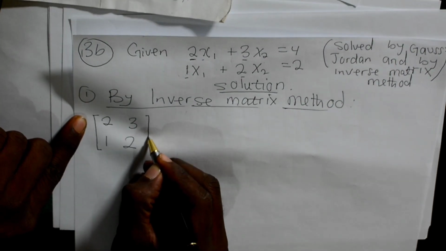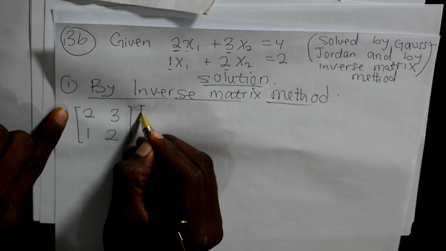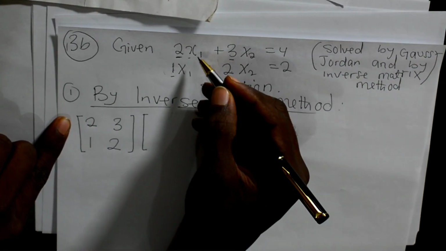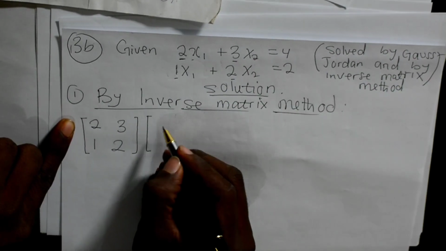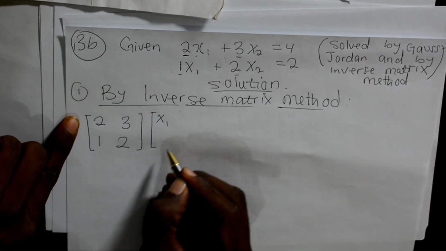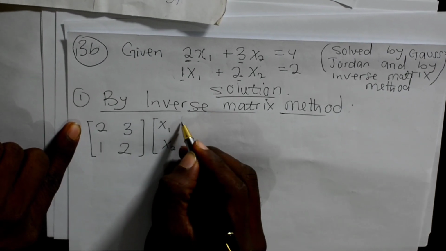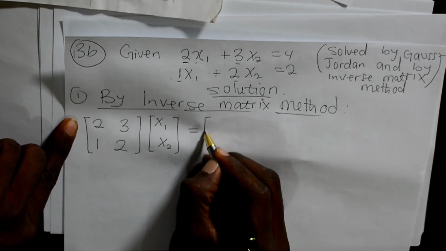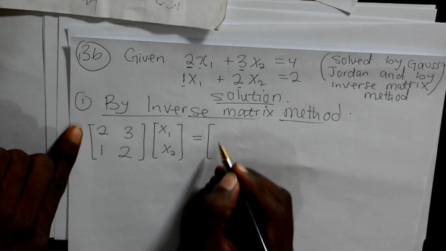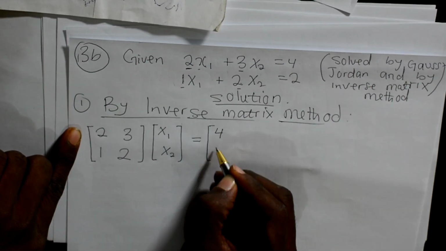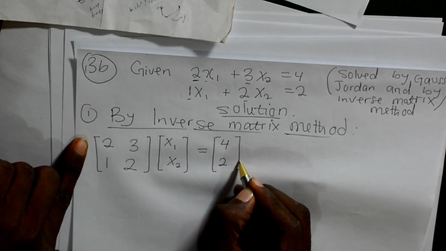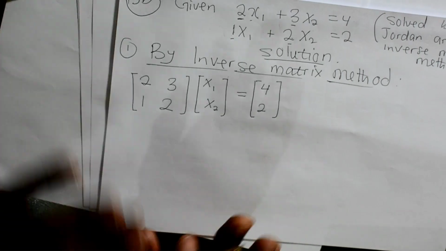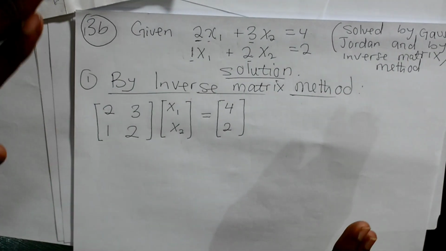Then we close the matrix. Then our variables, x1 and x2. Then we close the matrix. Our equal sign, then our constant values, 4 and 2. So this is the first step.